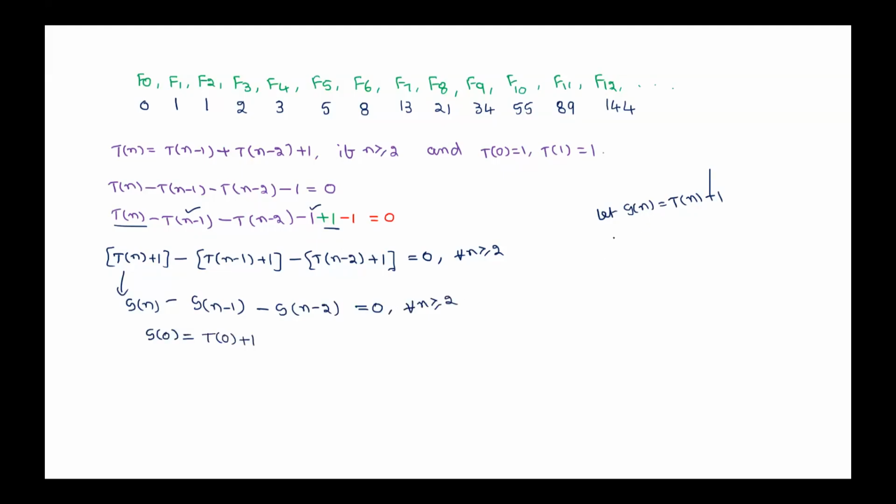So S of 0 is T of 0 plus 1. Is there any confusion here? No, sir. Okay. What is T of 0? It is 1, so 1 plus 1. It is 2.